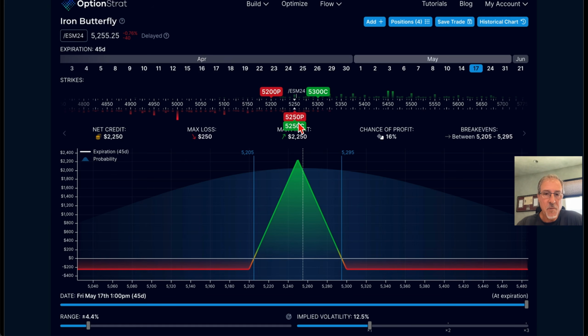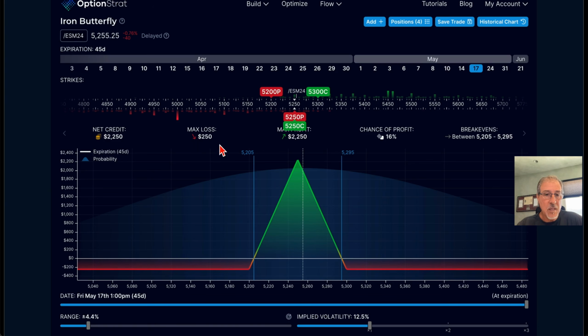Now, the next one we'll look at is the ES futures contracts. Here, 50-point wide, because this is essentially the same as the SPX as far as the market, where the market trades. But it's set up so that the notional value is half of the SPX.